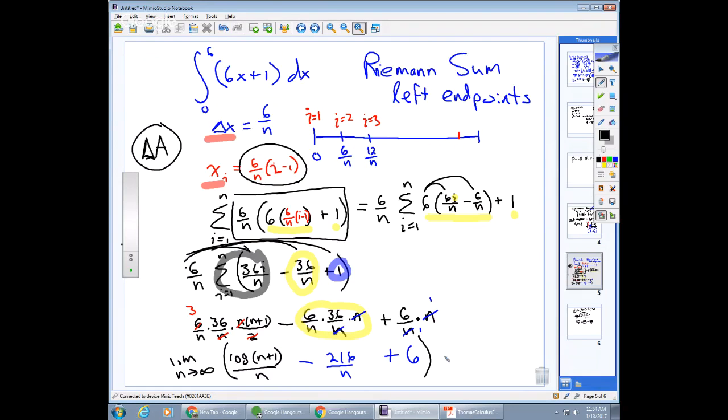Okay, so I'm going to get a 108 from that part. As n gets huge in the middle here, this whole thing is going to go to 0. The n over n plus 1 went to 1, and 6, well, 6 is always 6 no matter what n does. So I get a 108 plus a 6. And so it looks like the area here is 114.